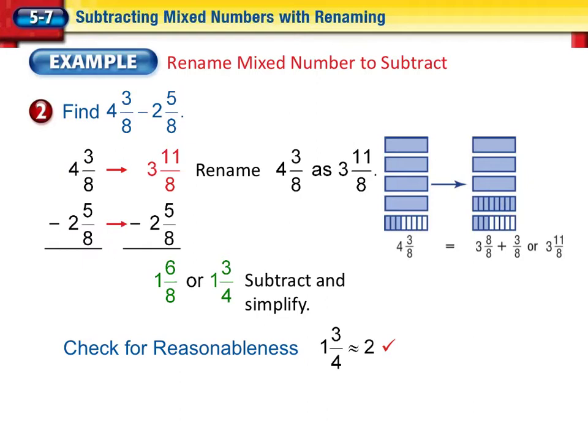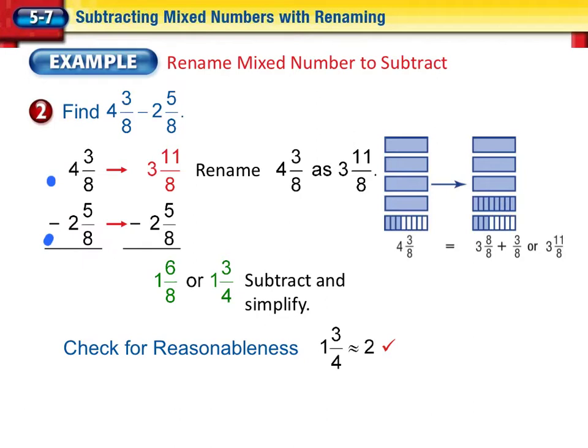All right, so when we write this the correct way, we're looking at 4 and 3/8 minus 2 and 5/8. Well, the first issue is I can't take 5 from 3, so I need to borrow. When you borrow, it's the same exact concept.